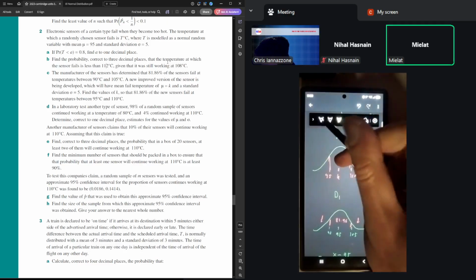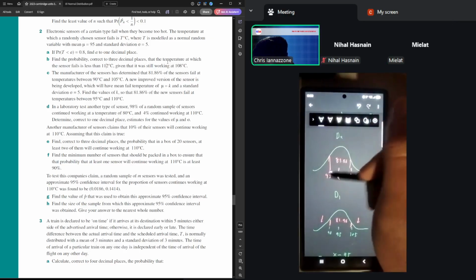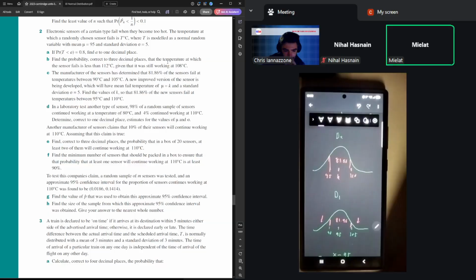Or we could find Z1 and Z2 by doing 95 minus 100 divided by 5, and 110 minus 100 divided by 5, and we get negative 1 and 2. Then we find the probability when x is greater than negative 1 and less than 2.